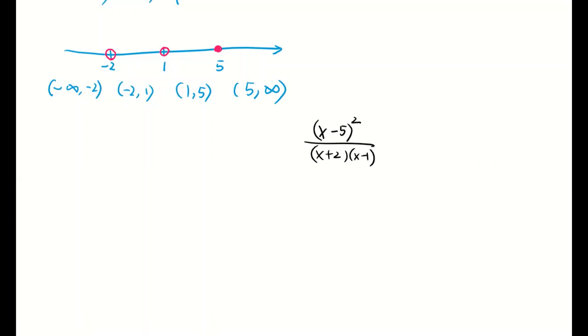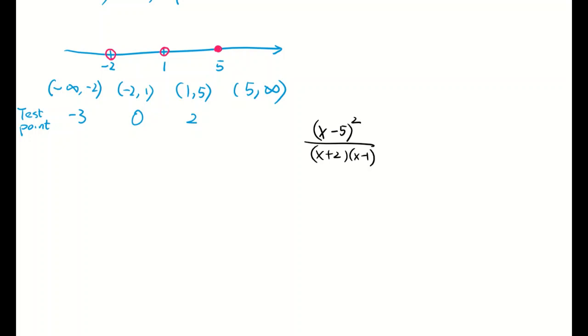Now we want to pick a test point from each interval. Test point from the first interval, I'll pick negative 3. From the second interval, I'll pick 0. From the third interval, I will pick 2.